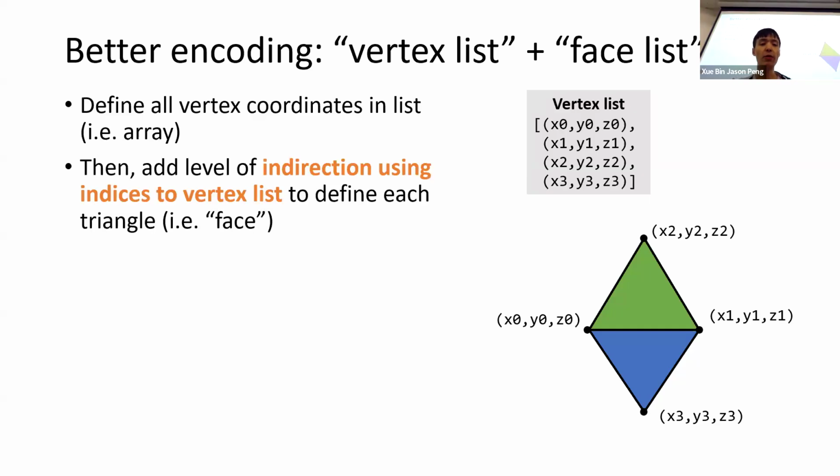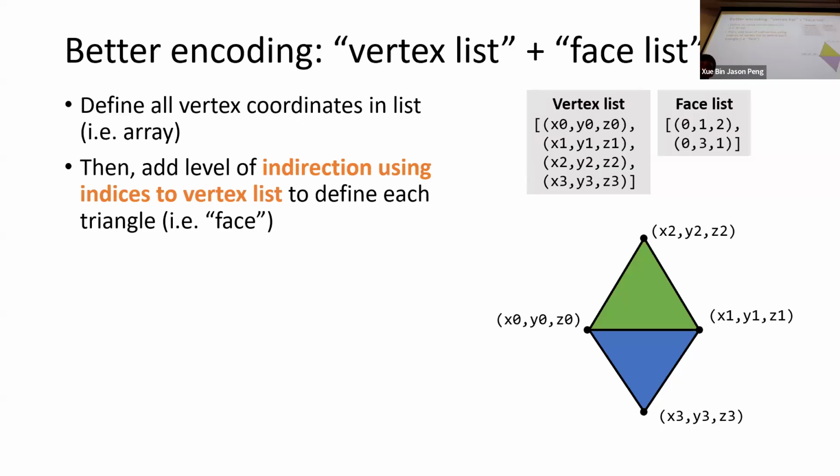Now, next, we're then going to connect the vertices in this vertex list into triangles by using a separate face list. This face list is going to represent the triangles in our mesh, where every entry in this face list is going to store the indices of the vertices that form each triangle. For this simple mesh here that only contains 2 triangles, our face list only contains 2 entries as well.